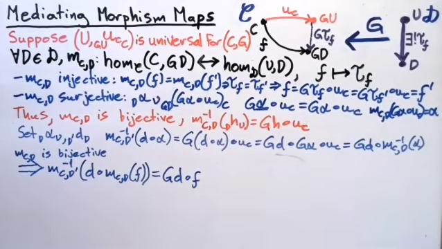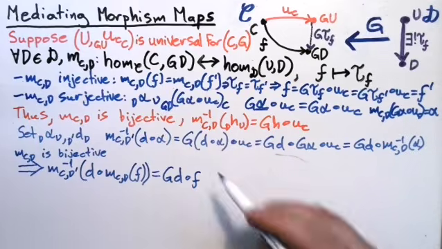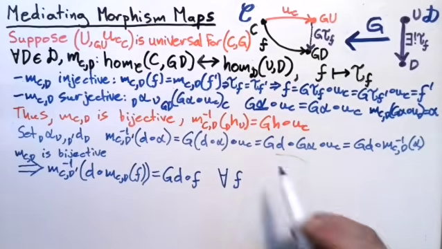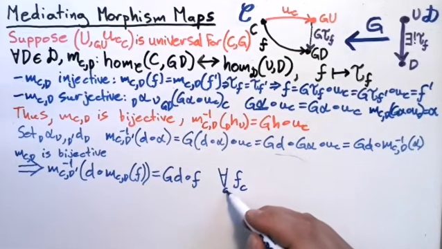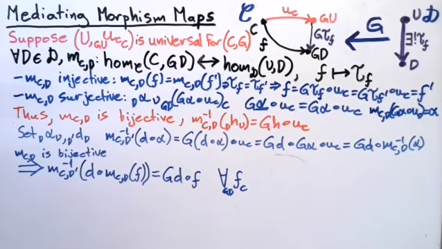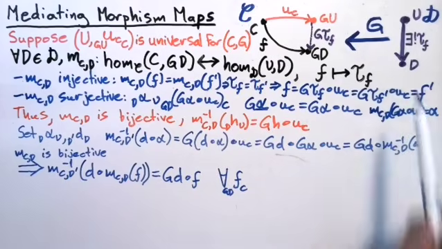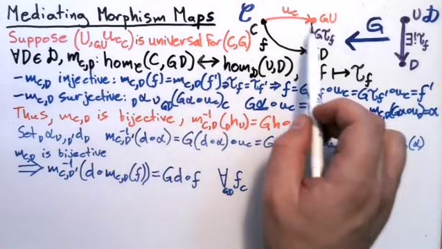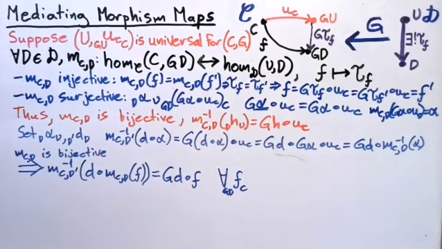And this, because of that fact also, is going to be true for any F going from C to GD, right? By making this true of every alpha from U to D, and by having a bijection going into these morphisms from C to GD here, we can say that this is going to be true for all of these F's, right?